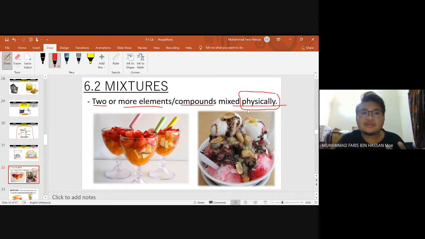Two or more elements, it cannot be one element mixed physically, because one element cannot mix with another since it contains only one. So for elements to mix physically, there should be two or more elements. As you can see through the pictures, we have ABC, air batu campur, and this is buah campur, something like that.